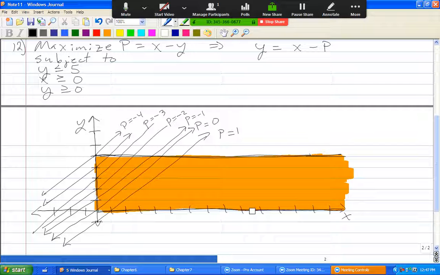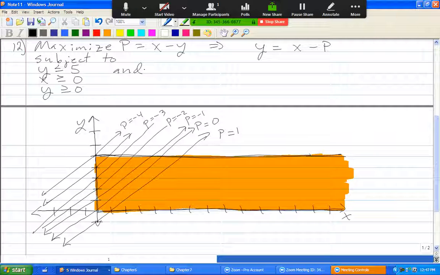Oh, and I forgot one other constraint, which is 5x plus 4y is less than 20. Okay, so there was another constraint, so this doesn't go off to infinity, so this doesn't become maximal.